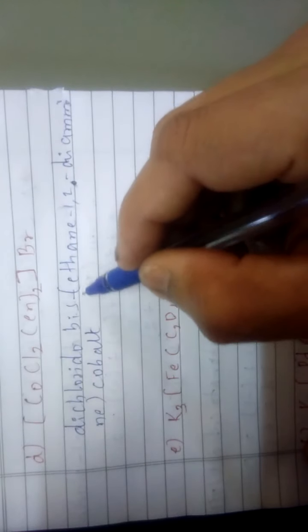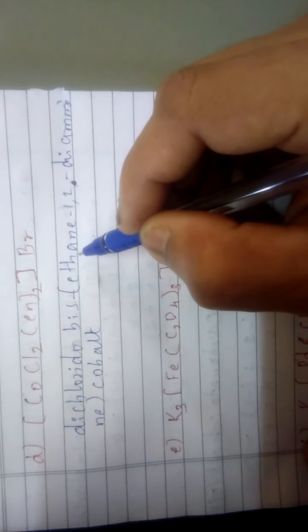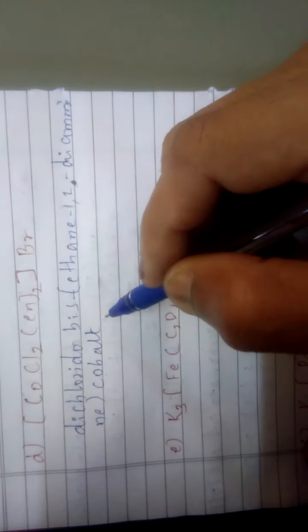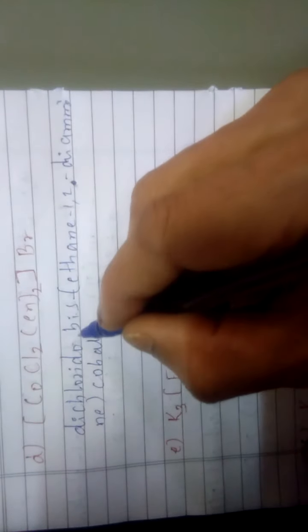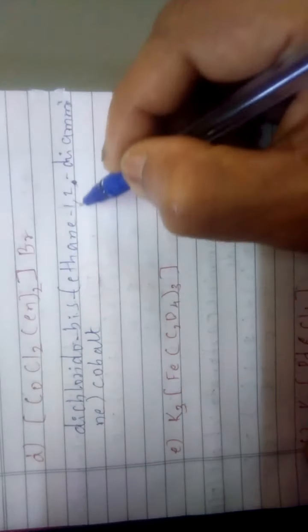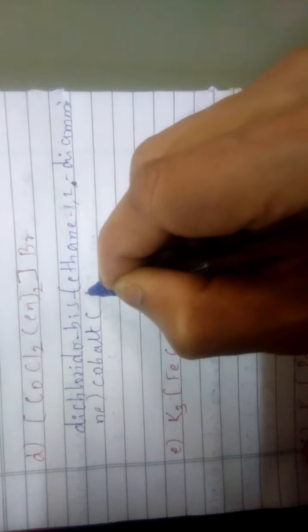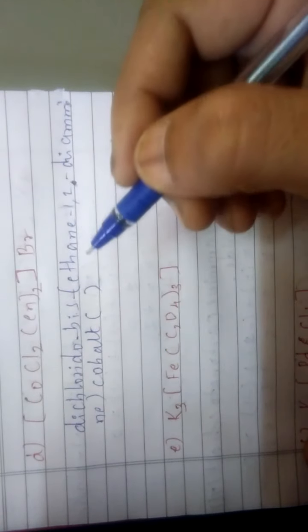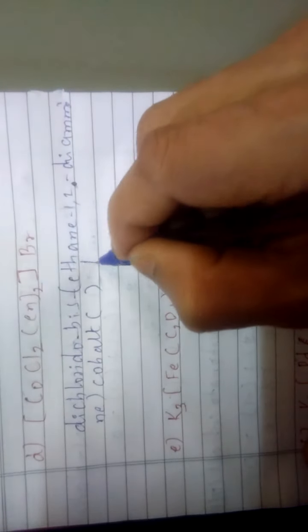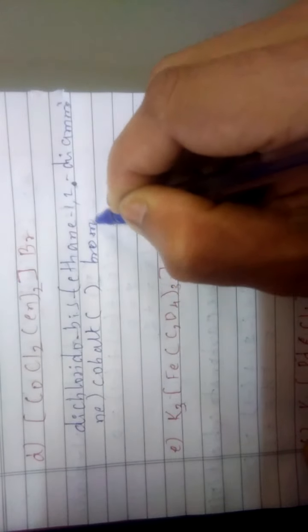Okay, you know that while writing this type of names you have to put these names in parentheses. So it is dichloridobis(ethane-1,2-diamine)cobalt, and leave some space for the oxidation state, and here the counter ion is bromide.